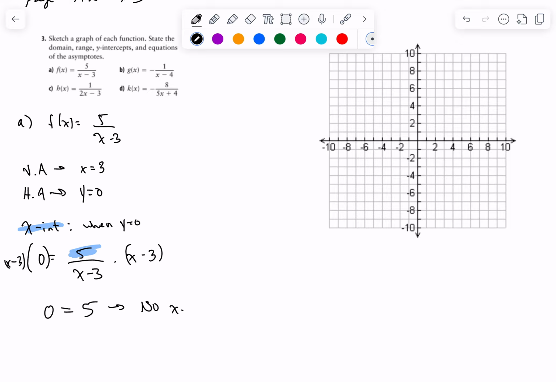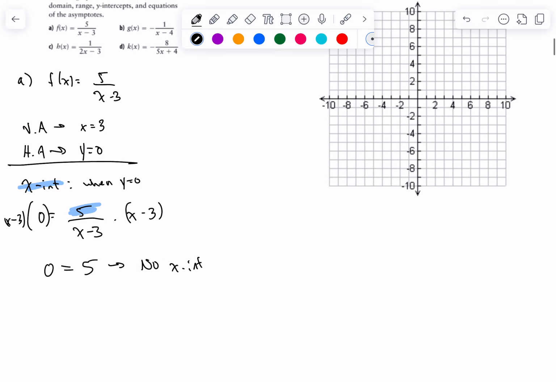So the algebra is explaining why I don't have an x-intercept. But conceptually, you have a horizontal asymptote at y equals 0, and so it makes sense that there's no x-intercept.